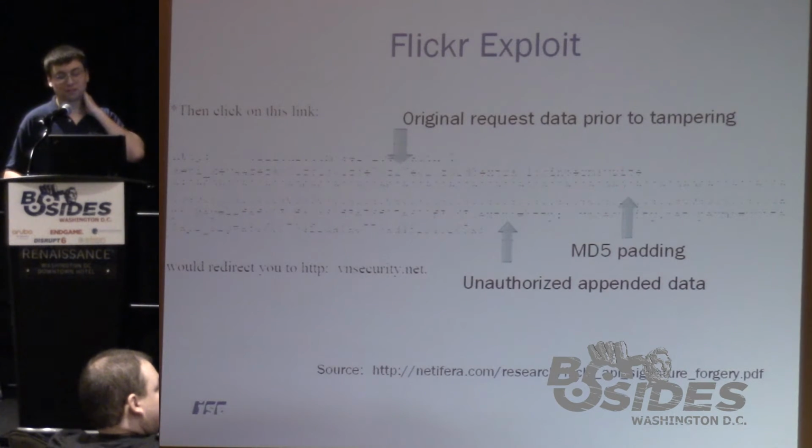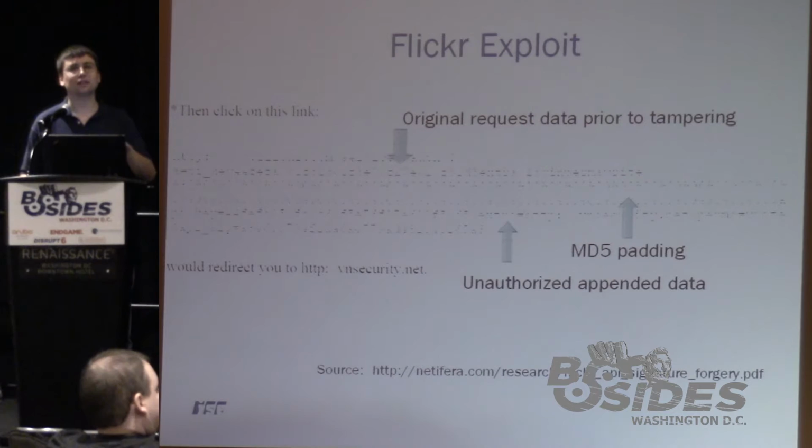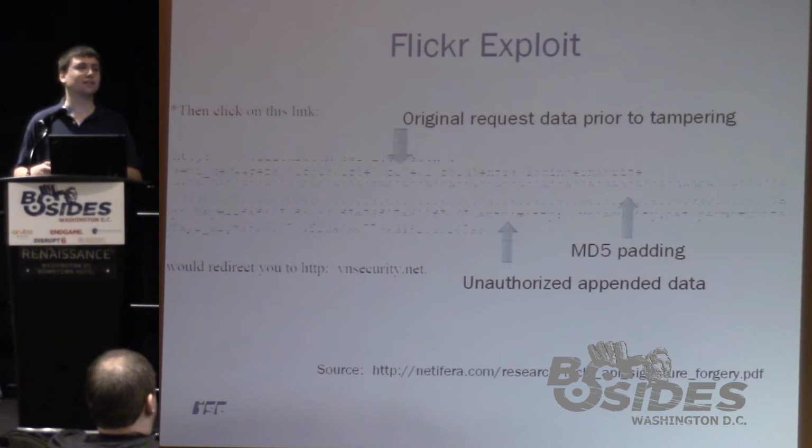You can't really see because of this projector, but where I have the MD5 padding, it's very similar to what I just showed, with an 80 and then zeros and then a length. Then they were able to have essentially the original request, padding, and then more data added on the end that did something completely different than the original one, and the server accepted it. So this is a big problem, but if you just use standard algorithms like HMAC, you would have been fine. So kind of embarrassing for them.